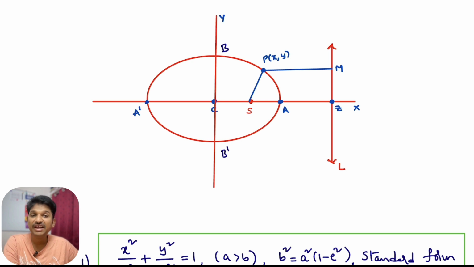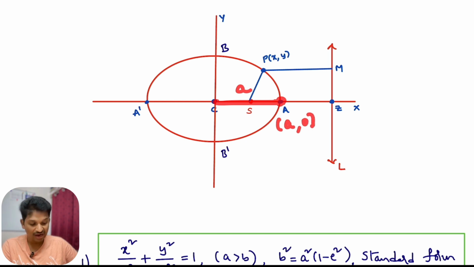Vertices means end points of major axis. In ellipse, what are the vertices? End points of major axis, A and A dash are the vertices. As we took CA as a, this vertex A is a comma 0. And this is another vertex, on the left side.